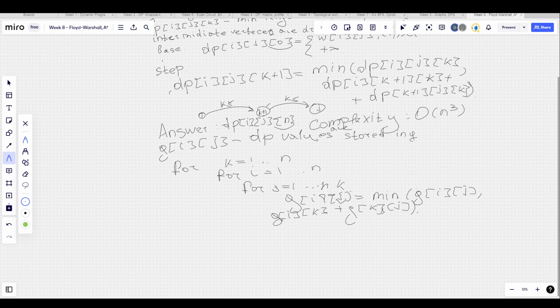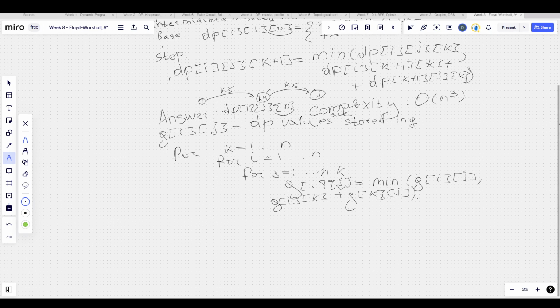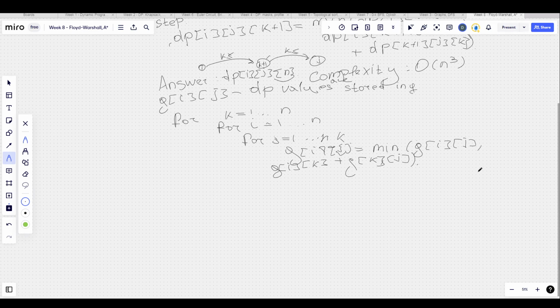It means that in each iteration, the g i k row and column and the g k j row don't change at all in the whole iteration. So this will work correctly.